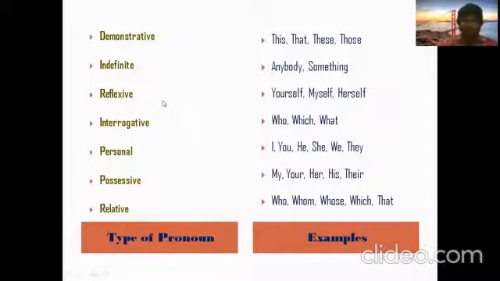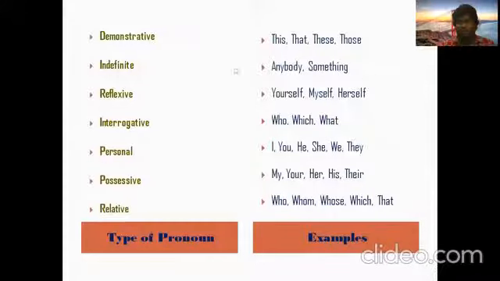As you are seeing here, demonstrative pronouns take these words: this, that, these, and those. These are the words which come under demonstrative pronouns. Indefinite pronouns take anybody, nobody, somebody, something, anything, nothing, no one.